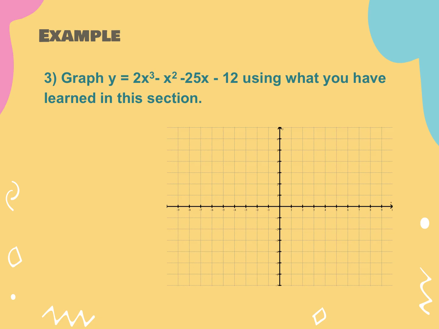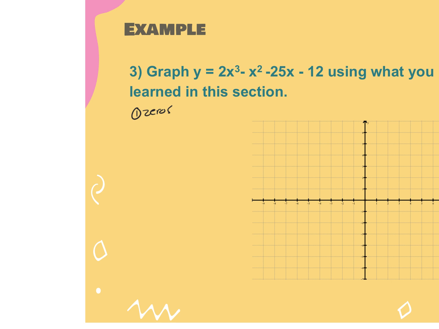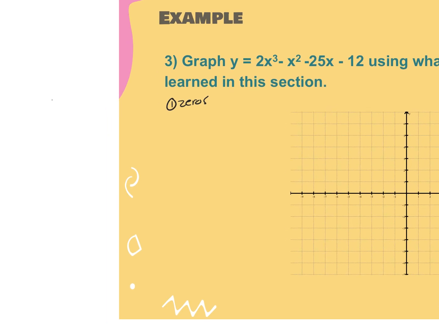Let's try the same exact thing with this one. Again, the first thing I want are my zeros. I would need a list of possible ones, because this one's not factorable. So it's going to be plus minus factors of 12: 1, 2, 3, 4, 6, and 12, over factors of 2, which are 1 and 2.